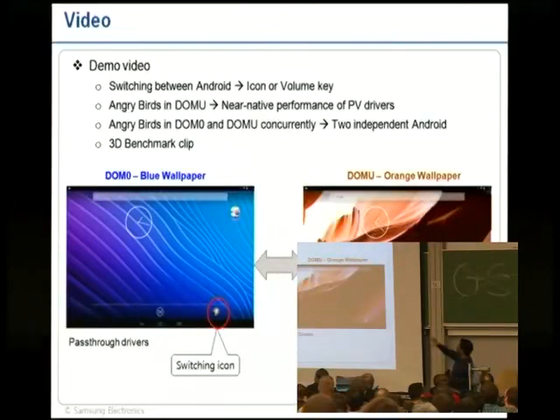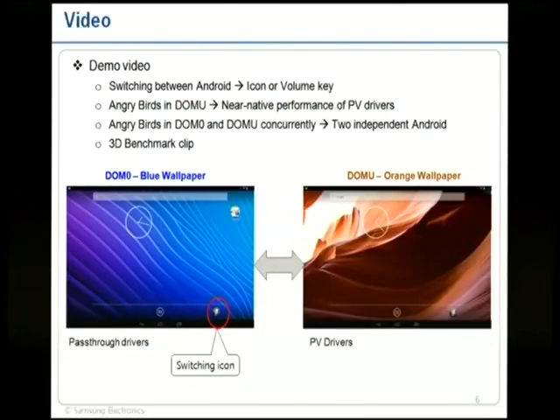So that it's clear what you see, DOM0, the main Android, will have a blue wallpaper, and DOM U will have an orange wallpaper. We will be switching between the two domains using the icon and also using the volume button. We have annotated the video so you can clearly see.